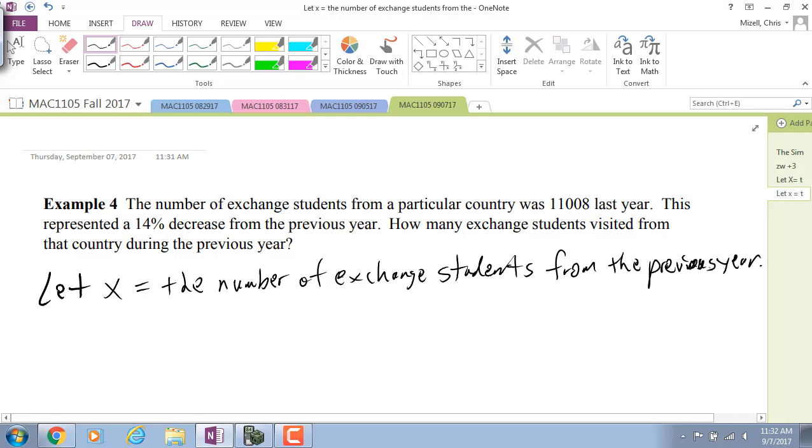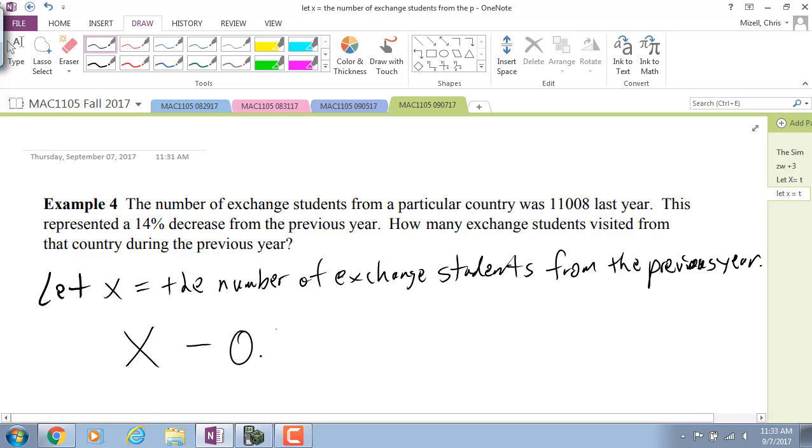There we go, from the previous year. So there's an unknown quantity. We want to take that unknown quantity, we want to decrease it by 14%. And when we do, we'll get 11,008. So how about this? X minus, how are we going to decrease it by 14%?